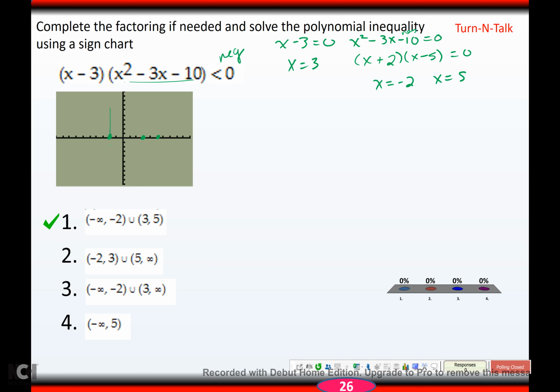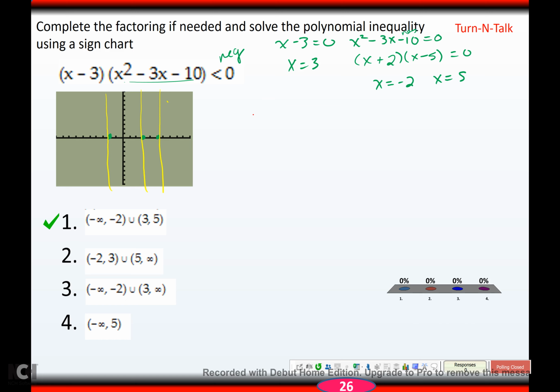So if I break my graph up into these sections, alright, and I test my points. I have to test something down here, so I'm going to pick negative 3.